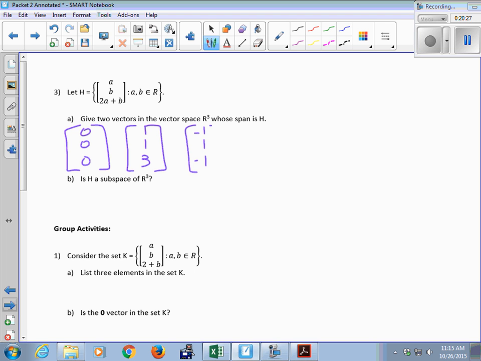So you pick two random numbers for your first two entries. Maybe 2, 4, and then 2 times the first entry: 2 times 2 is 4, plus 4 is 8. 2, 4, 8. Okay, is H a subspace of R3?